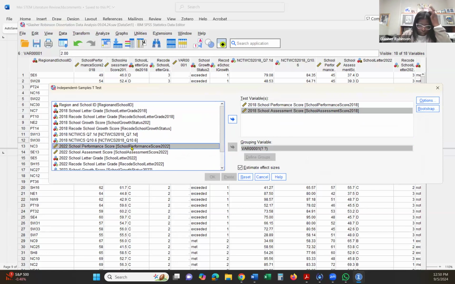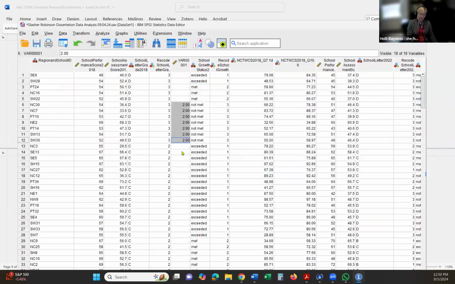Do we have met and not met for low performing? We have for low performing, it's not met. So met and not met equal, okay. Low performing, not exceeded growth, so it can be met, a D or F and met or not met. It just can't be exceeded.